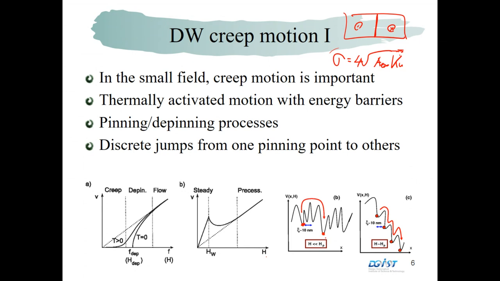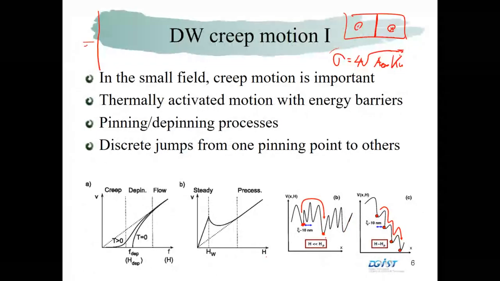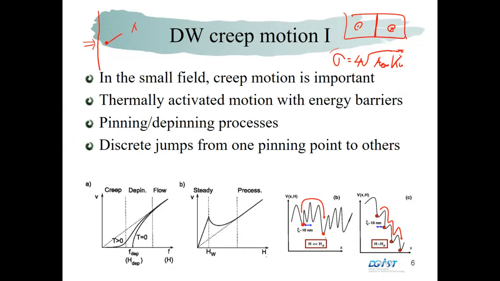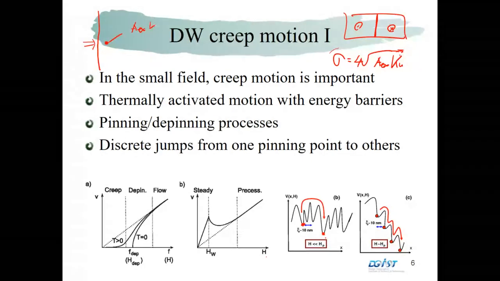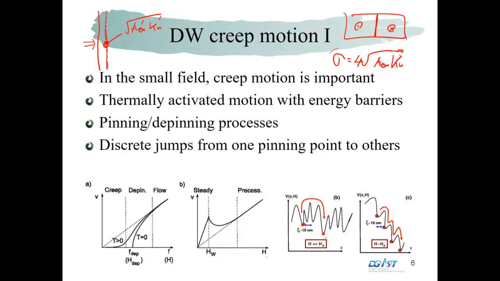Then just think about that. If we have a domain wall moving in one direction, but if we have some kind of point where the exchange constant or anisotropy is different, then at this point the domain wall energy can be changed. So when the domain wall touches this pinning site, this part feels a different energy.